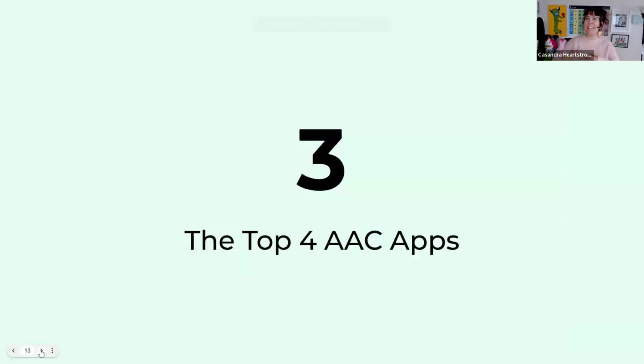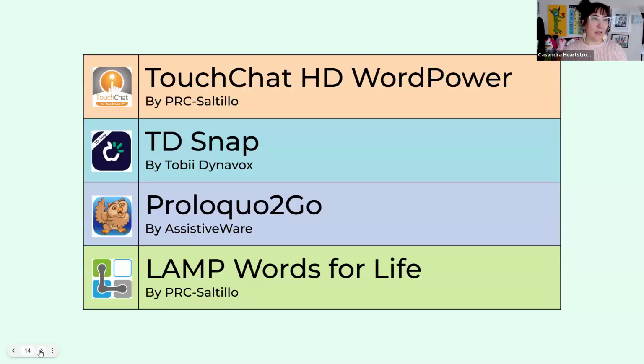So I just wanted you to see the field. The field is enormous of the different AAC apps that are available. And some of them are very, very well used and well studied. These are currently, at least in Butte County, if you were to go to Sacramento County, this would look different.